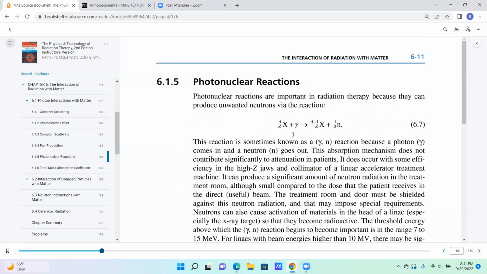Now, those are all of the interactions that the photon can have, that you can see here with the coherent scattering, the photoelectric effect, and the Compton scattering. This is what you're seeing when they come in contact with the electrons.